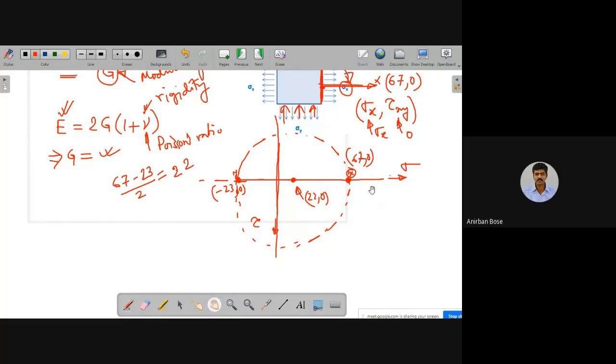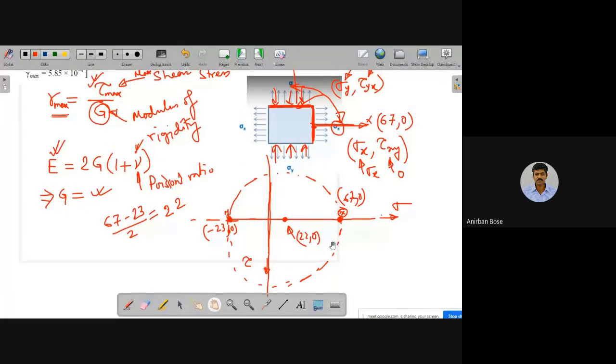No, here we are not explaining why this is happening, because this is prior knowledge. If you just simply write the expressions of the normal stress and shear stress in terms of sigma x and sigma y, you will find it is a parametric equation containing cos of 2 theta and sine of 2 theta. If you eliminate theta from these two equations, you will get the equation of a circle.